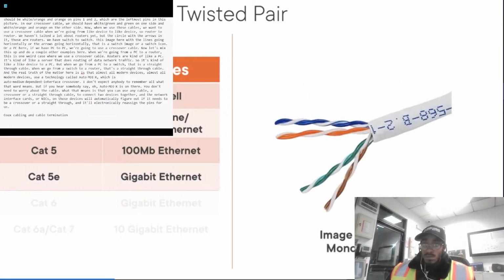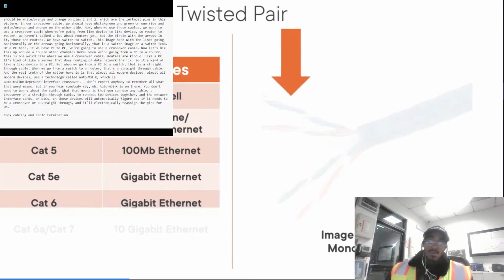Shortly after that, we came out with Category 5E. Category 5E is difficult to distinguish from Category 5, but the idea here is that we increased the specifications in the manufacturing process to make sure those twists were twisted together at very precise rates. Everything about the cable was made in a more precise way in order to get those higher speeds.